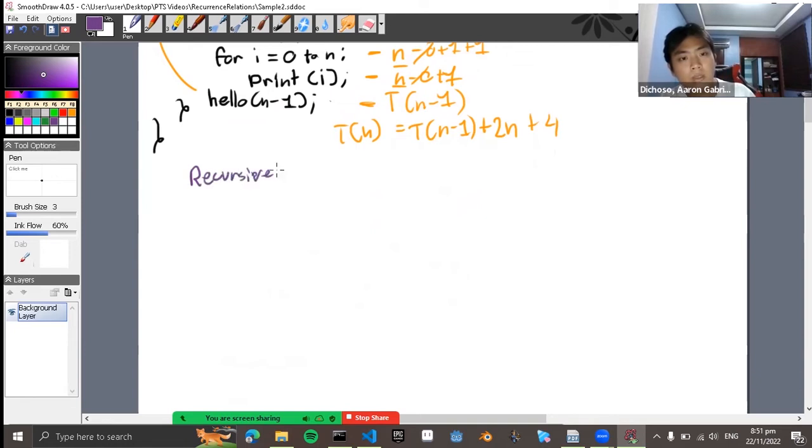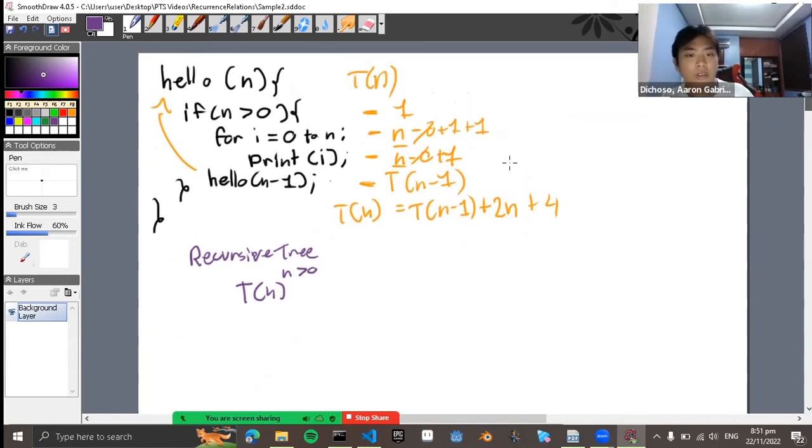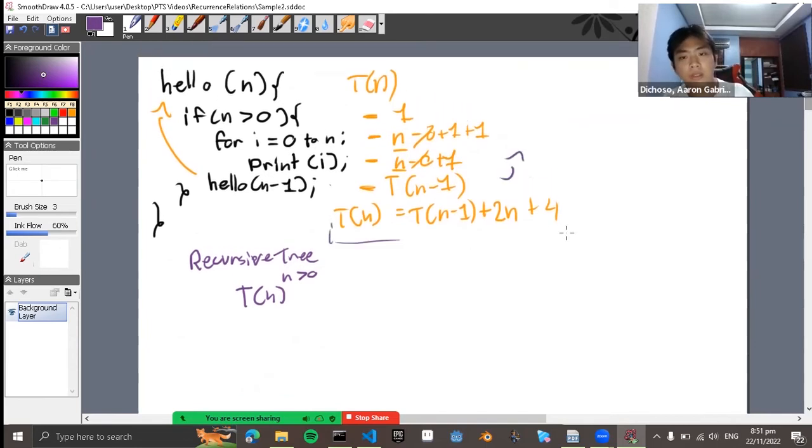Recursive tree. So we would have T of n if n is greater than 0. For that pala, we need to construct the whole function, right? So n is less than or equal to 0, then it just outputs a 1.